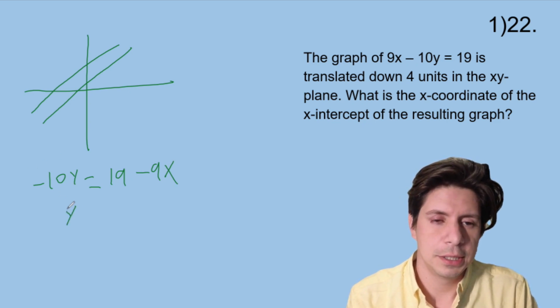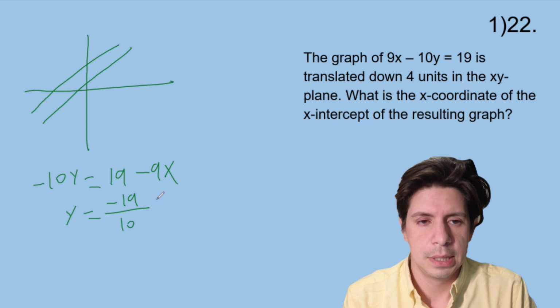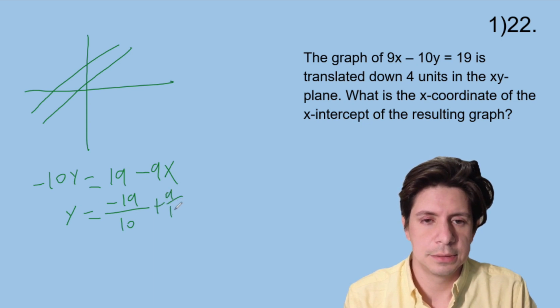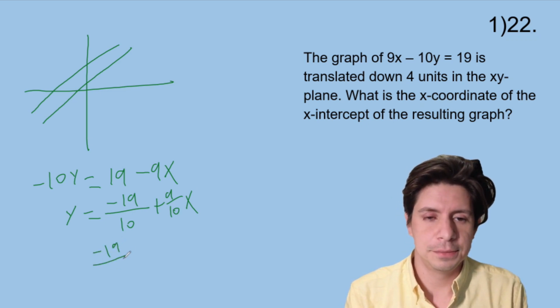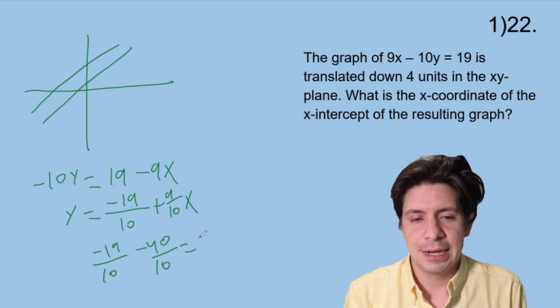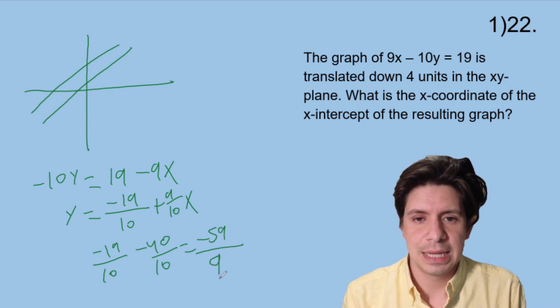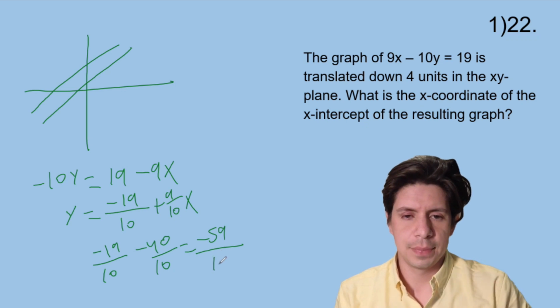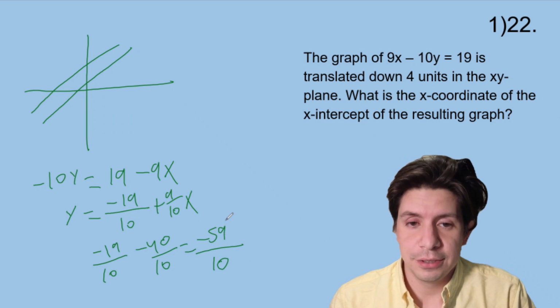And then I'm going to get y equals negative 19 over 10 plus 9/10 x, and then I'm going to shift down 4, so it's going to be negative 19 over 10 minus 4, and that 4 becomes 40 over 10, to give the same common denominator, and I'm going to get negative 59 over 10. So that'll be negative 5.9 for the y-intercept, right?